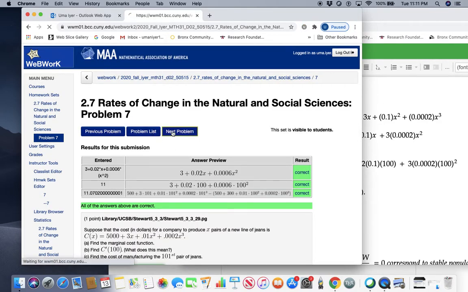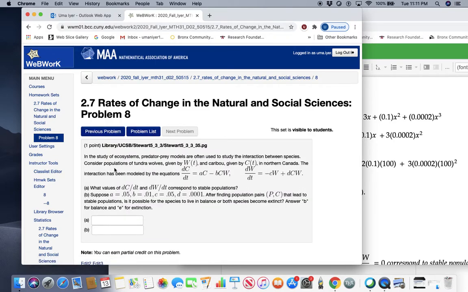All right, next question. You are studying the population of wolves and caribou. So wolves are the predators, caribou are the prey. All right, W and C in northern Canada. The interaction is given by this model. What values of dC/dt and dW/dt correspond to stable populations?